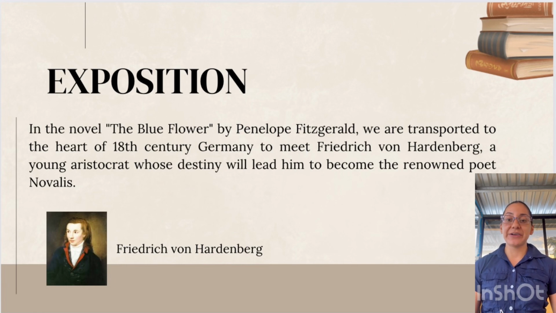It is like the starting point that introduces us to his aristocratic world in 18th century Germany, where his passion for philosophy and poetry began to take shape, as well as his fascination with the spiritual. This section is the exposition of the novel as it lays the foundation for understanding the social, family, and personal context in which the story develops.